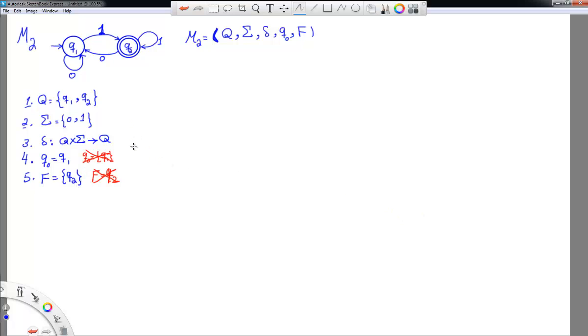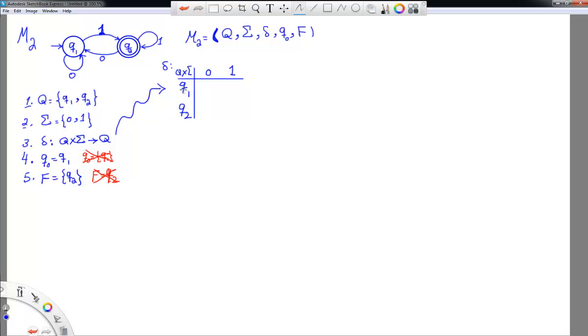Alright, next is defining the delta transition function. The easiest way to define your transition function is with a table. So delta, which is going to be from Q cross sigma, 0 and 1 are the elements, q sub 1 and q sub 2 are the states.